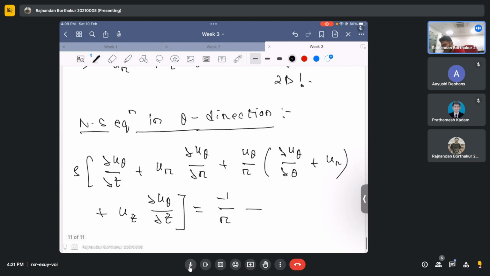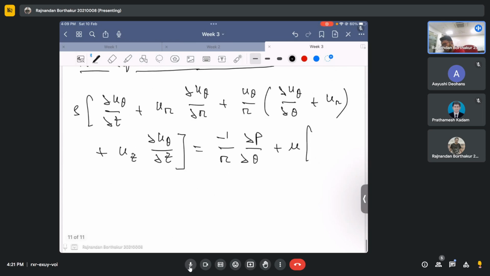So it is 1 by r del p by del theta plus mu, which is the dynamic viscosity, times 1 upon r into del r of r times del u theta by del r.